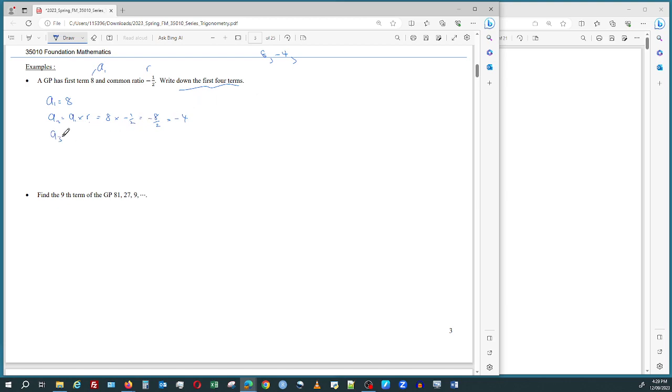A3 is the first term multiplied by R to the 3 minus 1, which is A1 times R squared, which is A1 is 8 multiplied by bracket minus 1/2 squared. Now the 2's multiply, don't they?